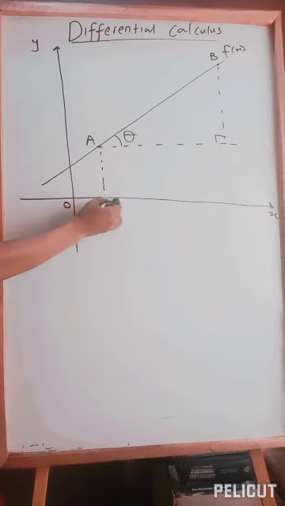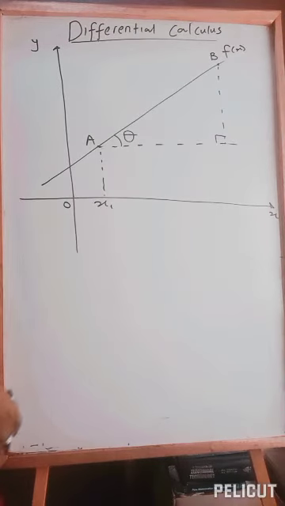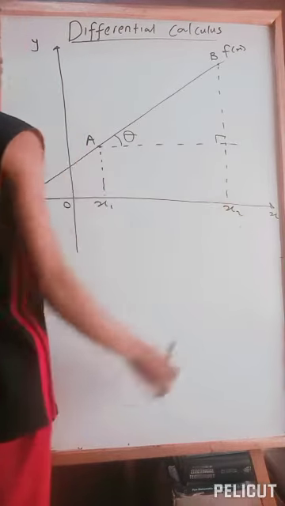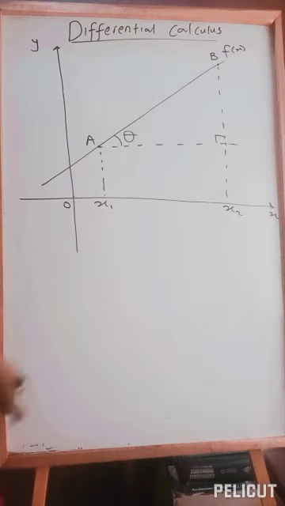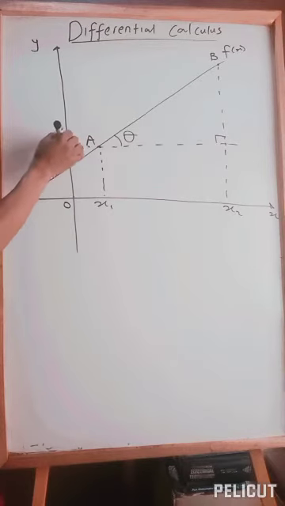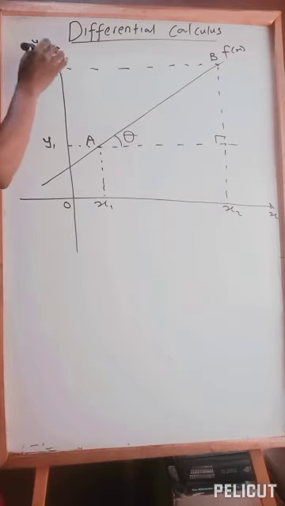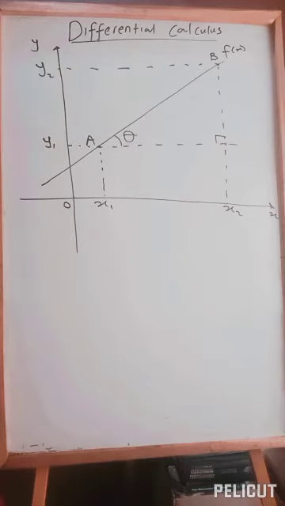We can extend this downward. This is the initial distance, that's x1, and at this other point we have x2, that's the horizontal distance, x1 and x2. Tracing this to the vertical axis we have y1, and for the other point we have y2.